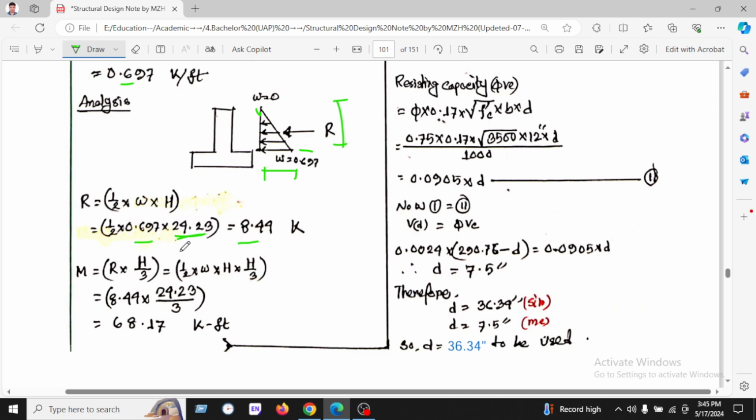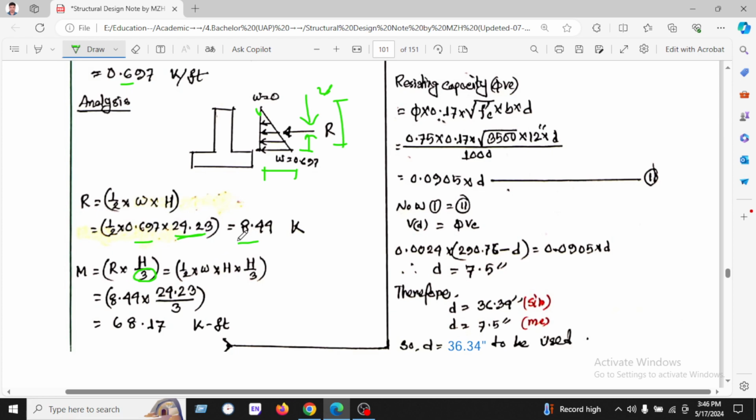If we want to find out the moment, then we have to calculate this force from this point, which is 1/3, and if we calculate from here, then 2/3. So that's why we have used 1/3. 1/3 into h is here, and r.